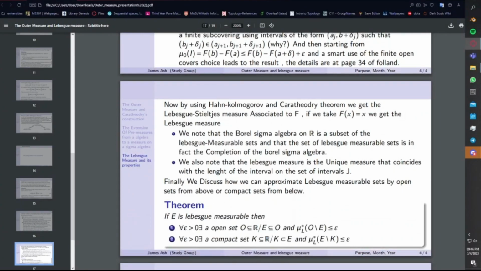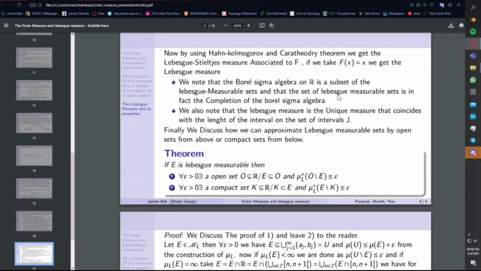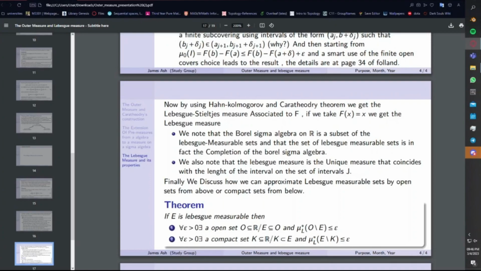Finally, I'm going to discuss a couple of approximation theorems for the Lebesgue measure. I think Folland states them slightly differently, but they're the same concept. We're going to prove that if E is a Lebesgue measurable set, then for every epsilon positive, we can find an open set O that covers E, and the Lebesgue measure of O minus E is going to be less than epsilon.